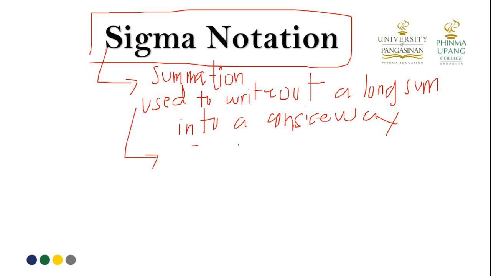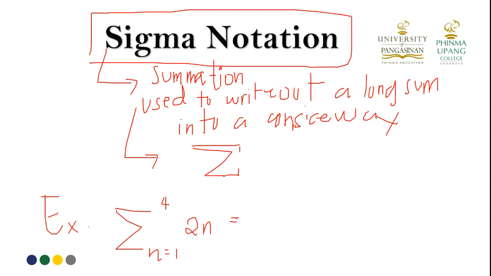The symbol for sigma notation is the inverted M, o nakaside na M. This is the symbol for summation. Example: the summation, the upper limit is 4, n is equal to 1, and the base is 2n. Paano babasahin yan?